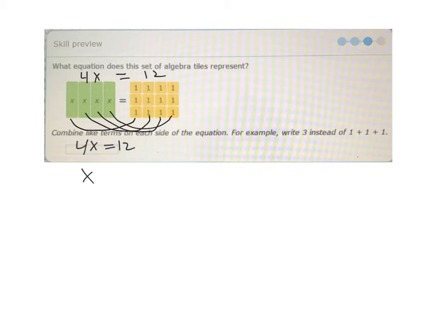So we could say x equals 3. Because if each of these is 3, 3, 3, 3, then this side would also equal 12, and we want to say 12 equals 12.